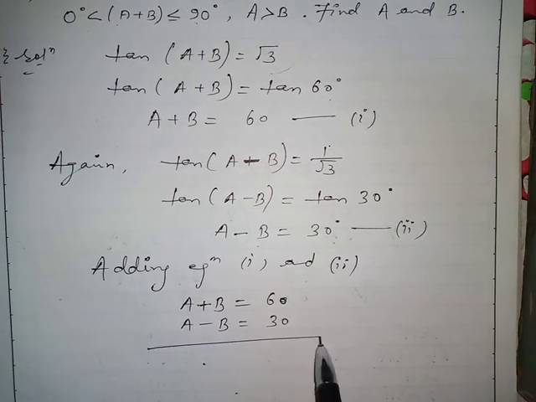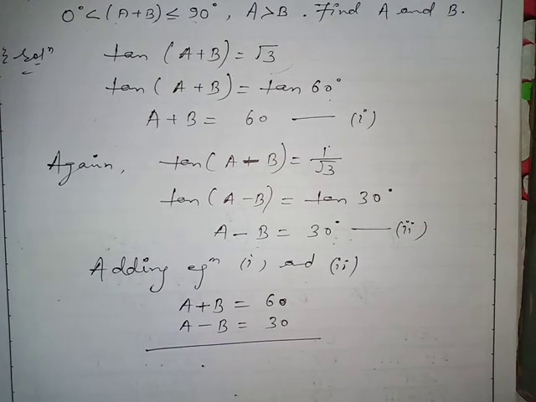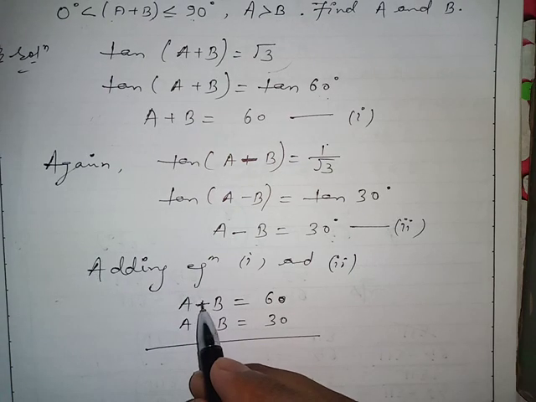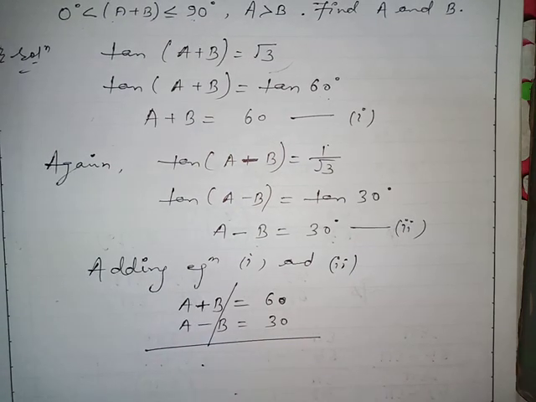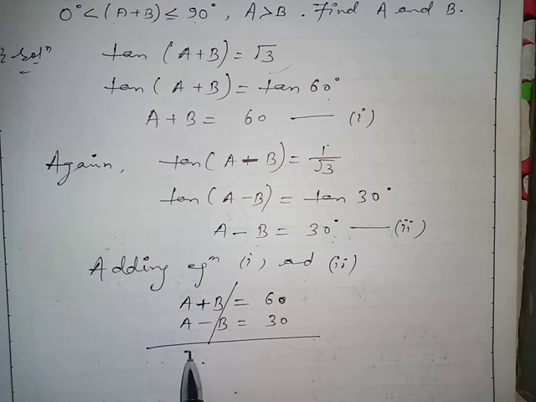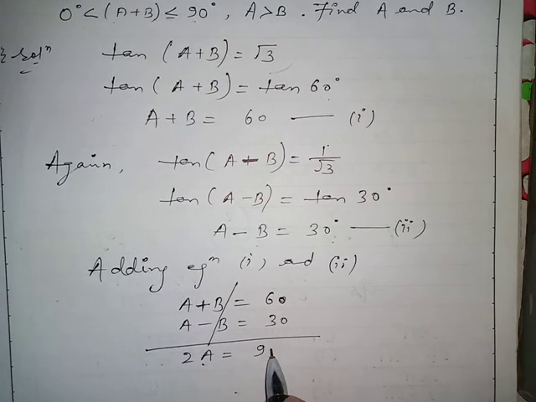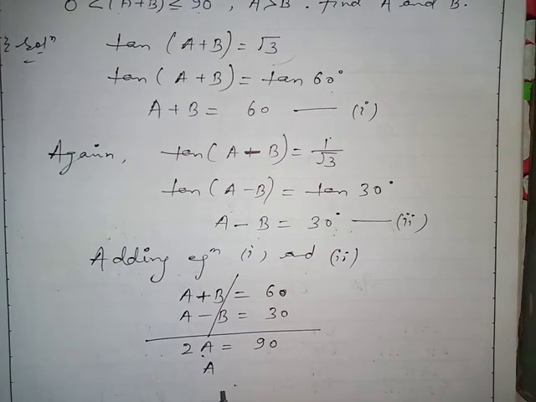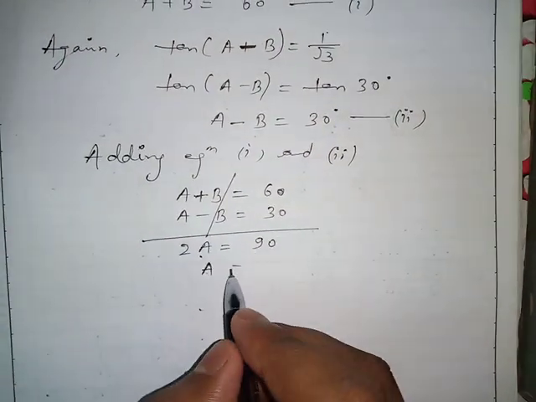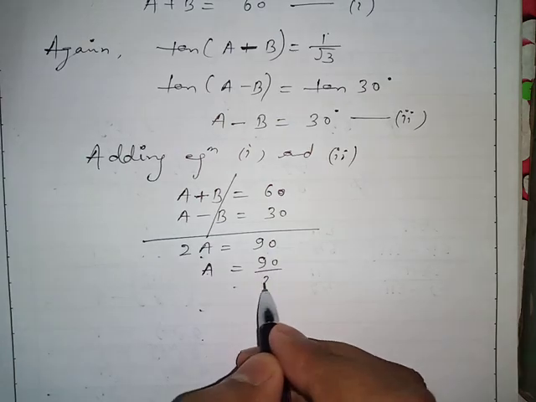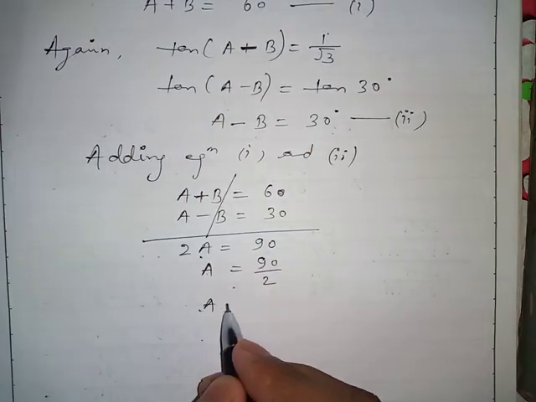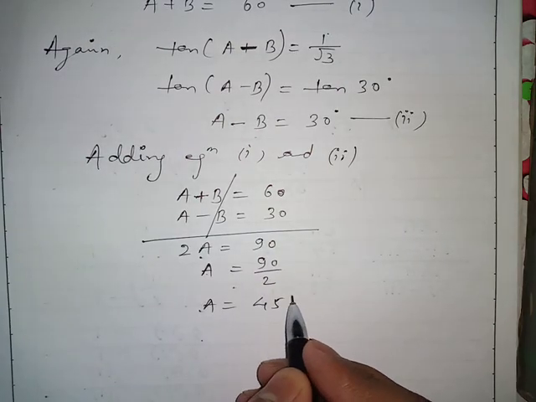So you will just add this. If you add these two equations, see here, this plus b and minus b cancel out. Okay, and a plus a is 2a, and here 60 plus 30 is what? 90. So the value of a is equal to what? 90 upon 2. So here a is equal to 45 degree.